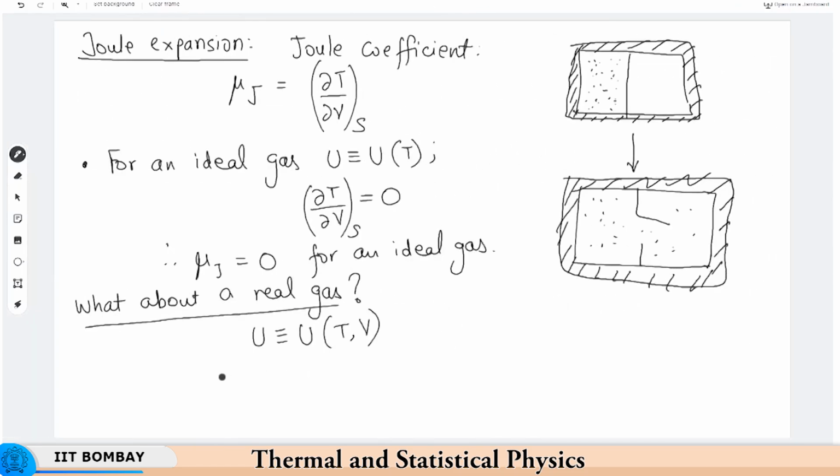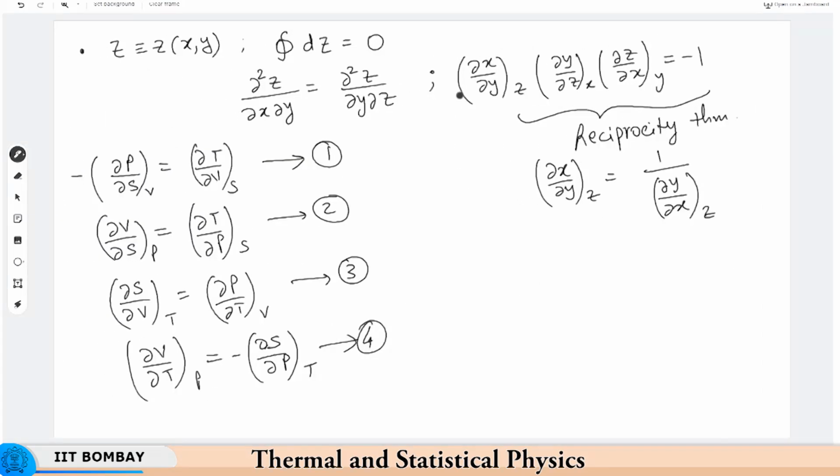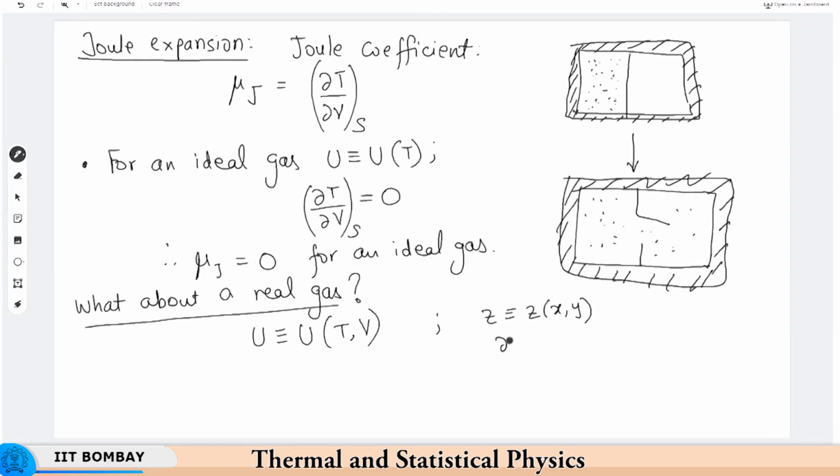So, if I apply the reciprocity theorem here, you just have to compare this with z equals z of x, y, right. And remember we wrote del x by del y at constant z times del y by del z at constant x times del z by del x at constant y equals -1.